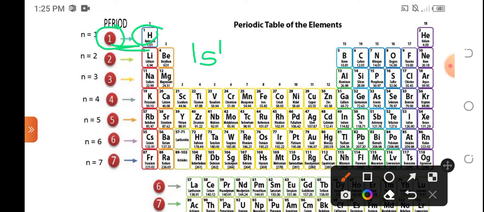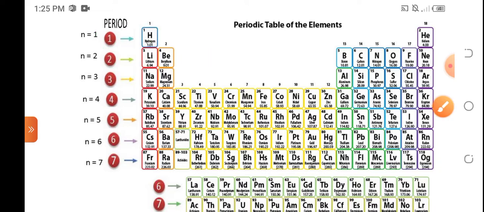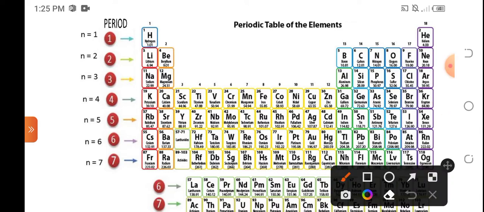As for lithium, the last electron could be at 2s1. Yan yung last electron configuration niya.